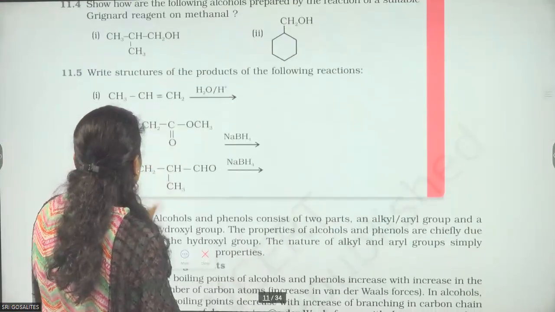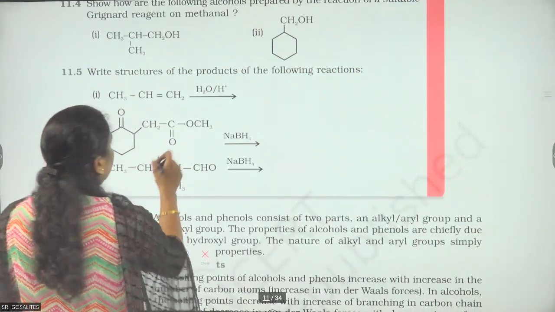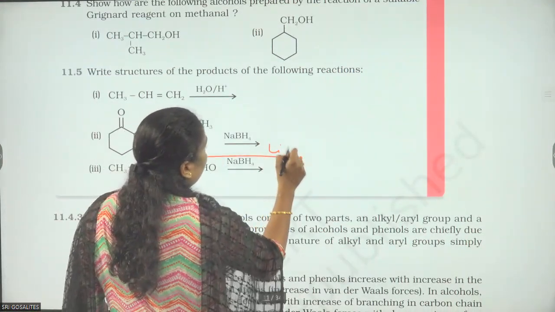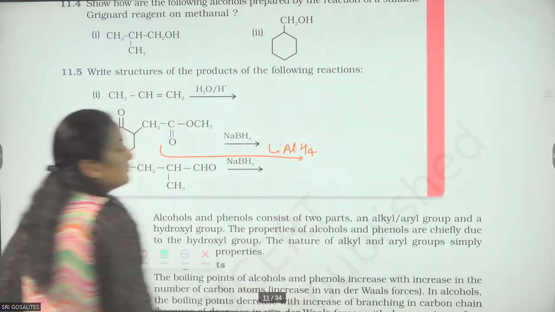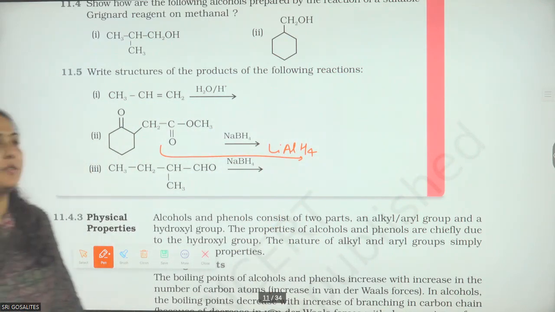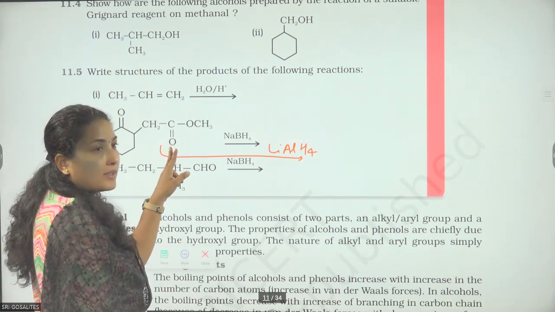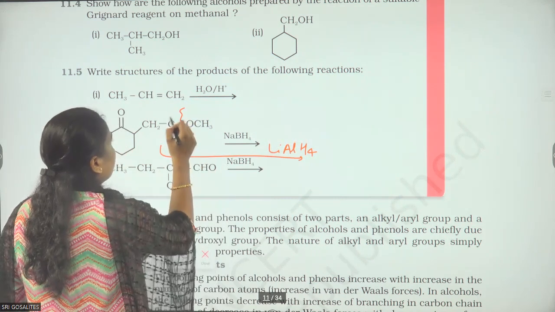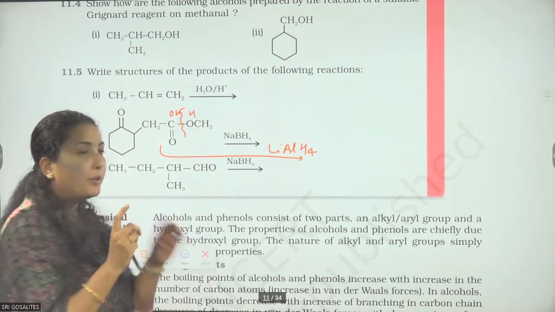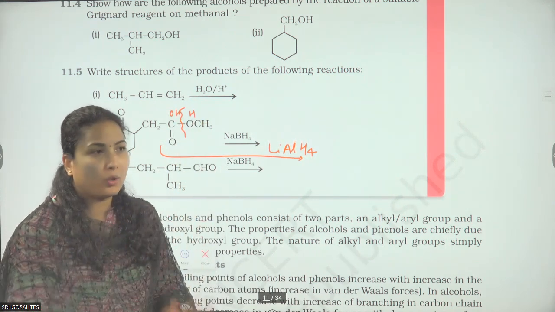Achha, somebody was asking me about this one thing. As such, I've already done that in the class. Lithium aluminum hydride will even be able to reduce your ester. So this is your ester now. Basically you break this first, that means you do the hydrolysis, you try to find out from which particular acid and alcohol it is made.